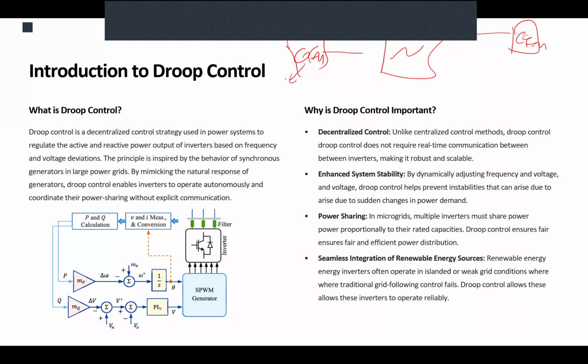The control system here has its own rules and regulations. The dictation is that I want frequency at a specific value, like 60 hertz, and voltage at a specific value, like 110 or 240. So it's defined in the system.